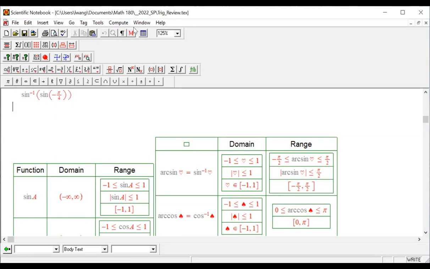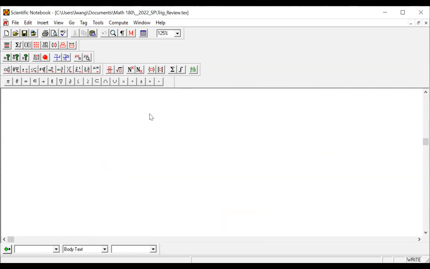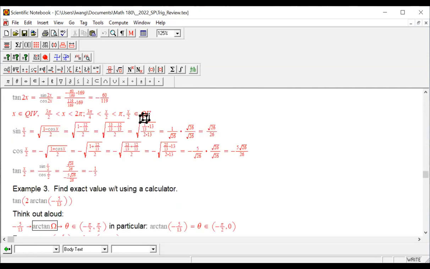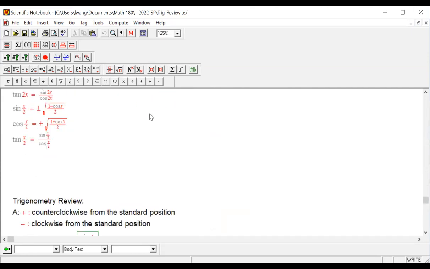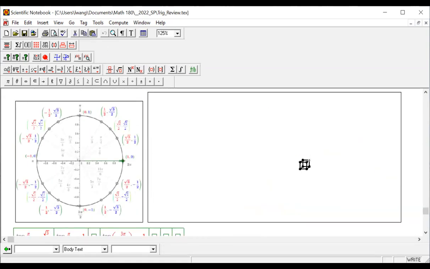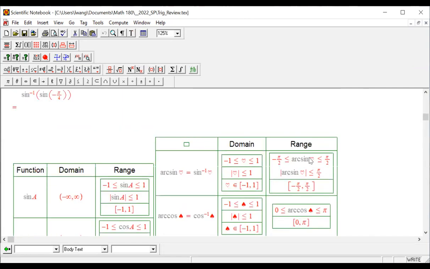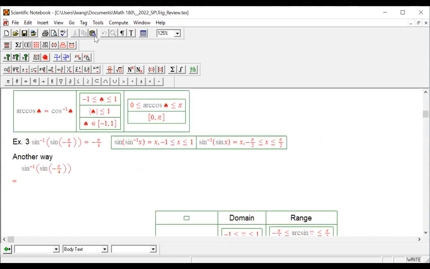You work on sine of negative pi over 4 first, then you work the arc sine. Let me see if I have that unit circle with me. Many of you do have that unit circle in your mind. I think I have it somewhere in this file, so I'm just going to bring it with me.